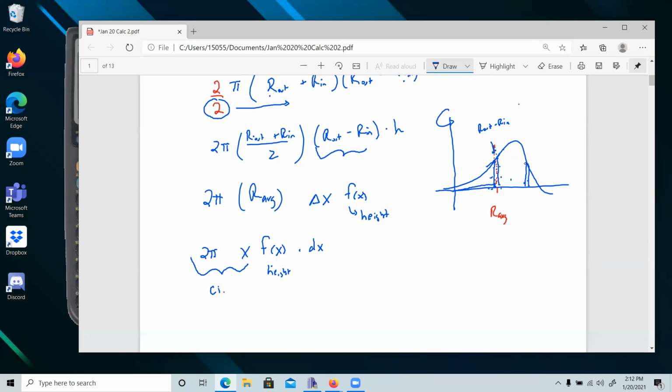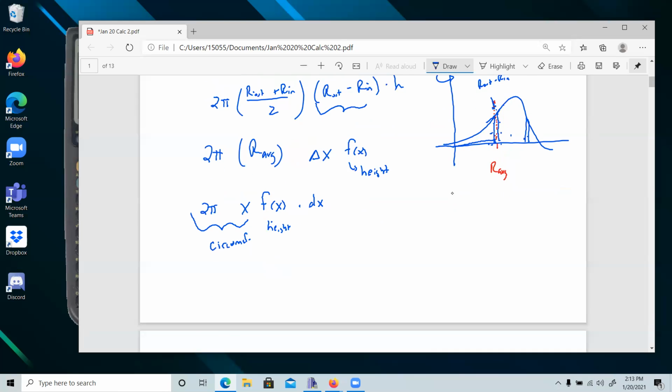So this is your circumference times the height times this tiny little width, and that is going to be our cylinder that we're going to add up. We are going to add up all these tiny little cylinders here.